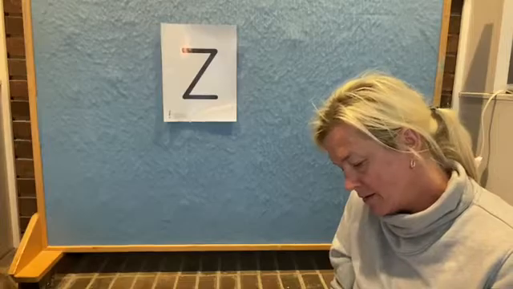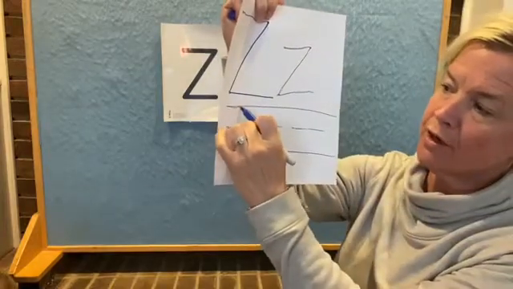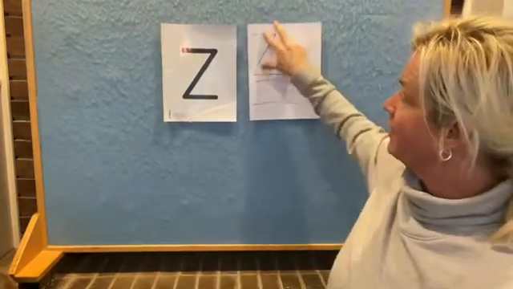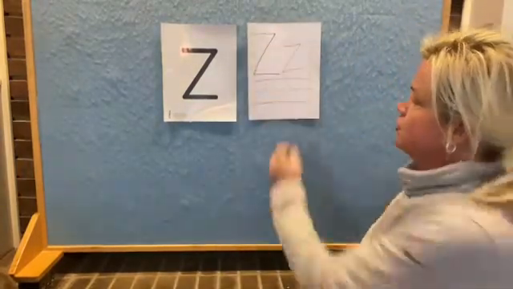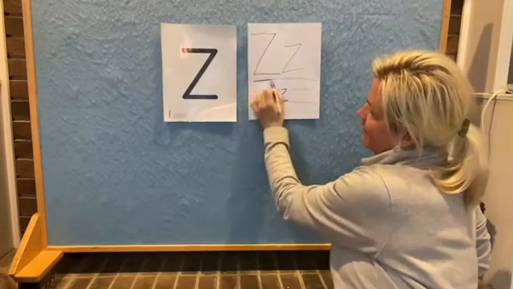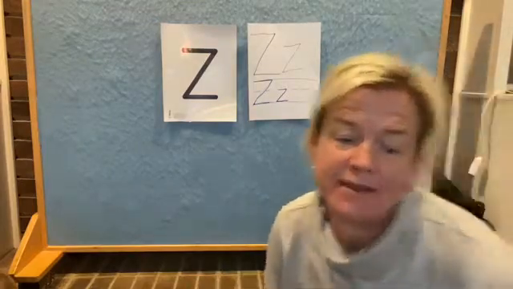Now maybe, friends, you could have moms and dads draw you a line that looks like this, and you could work on making your Z, okay? You could practice your uppercase and your lowercase. There are our Z's.